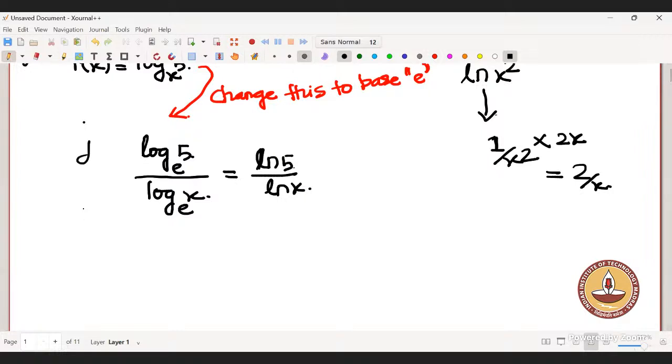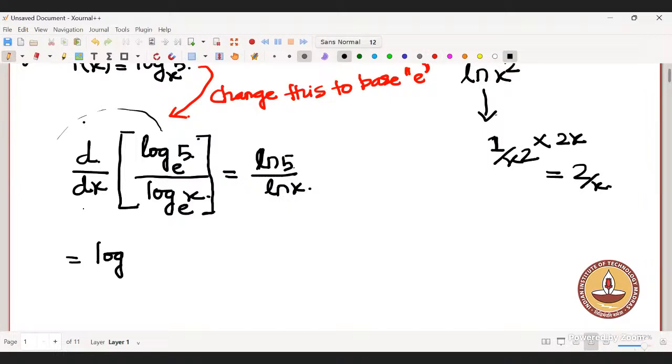So if I differentiate this with respect to x, the constant will come out. I just need to differentiate this function. Now, can you tell me how I can differentiate this one?